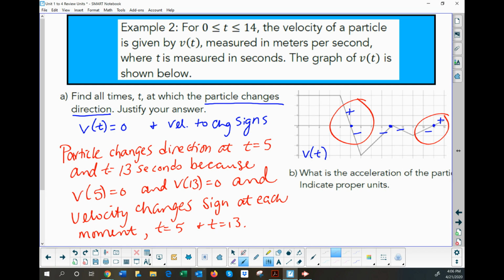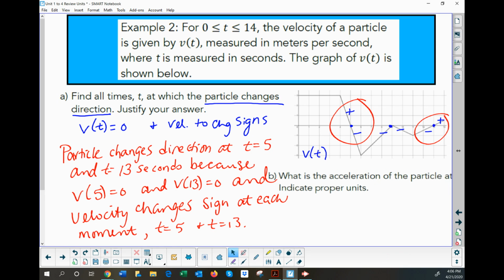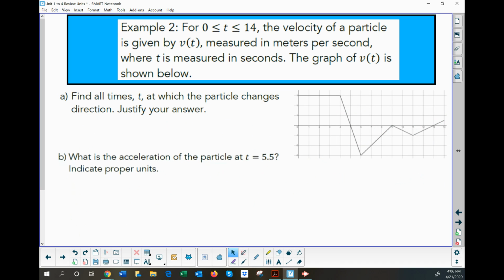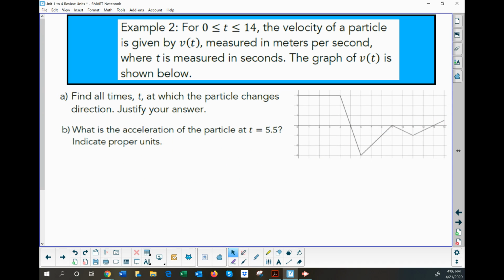All right, part B. What is the acceleration of the particle at 5.5? Indicate with the proper units. So I know acceleration is a result of the derivative of velocity.